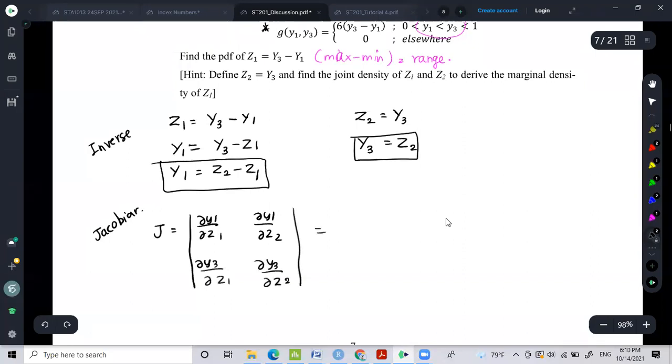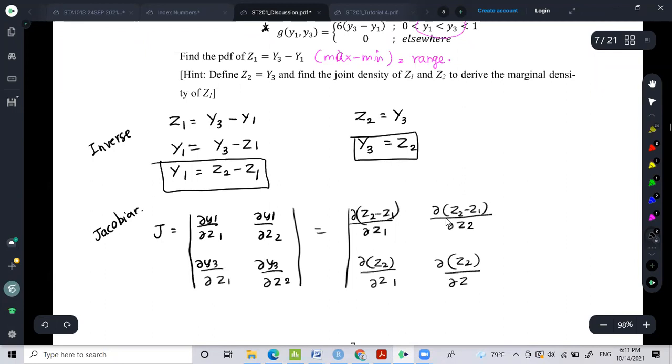Okay, substitute them. Y1 is Z2 minus Z1, with the derivative with respect to Z1. Again, Z2 minus Z1, with the derivative with respect to Z2. Y3 is Z2, with the derivative with respect to Z1. Again Z2, with the derivative with respect to Z2.